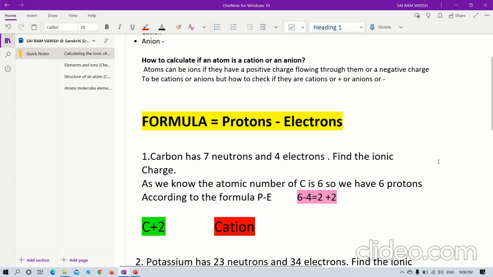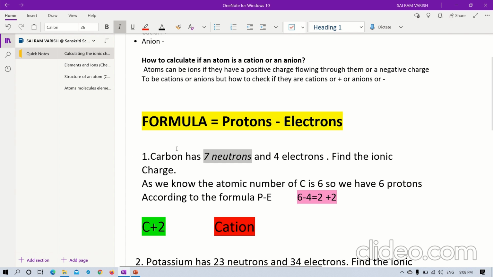Now, an isotope of carbon has 7 neutrons and 4 electrons. Find the ionic charge. We don't require neutrons in this question, but they gave it, so leave the neutrons. We require protons, and they didn't give the number of protons, but it's easy to find. We have the element carbon, and carbon has an atomic number of 6.